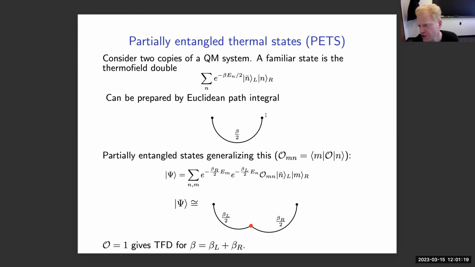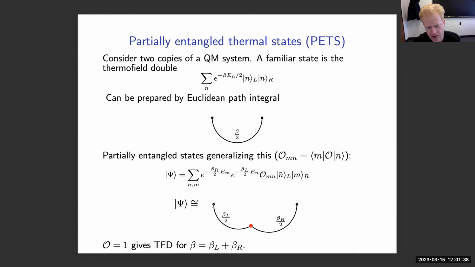Now, a generalization of this state is sometimes called partially entangled states, or PETs. They are described by a similar construction, but now with the insertions of operators. I can describe it in this Euclidean version.